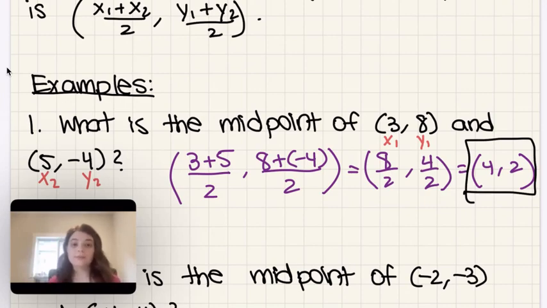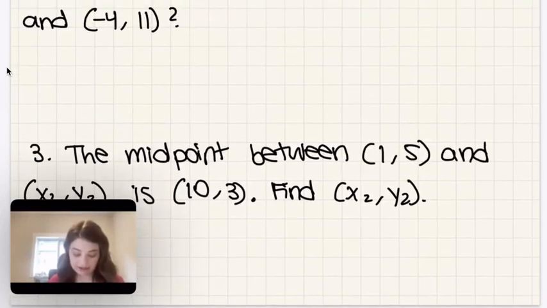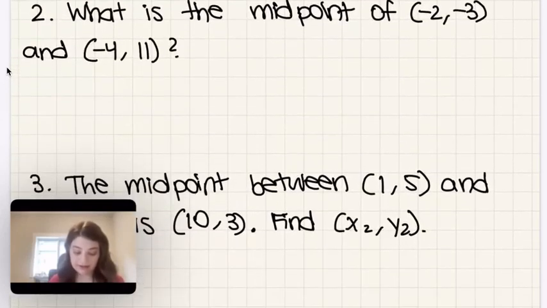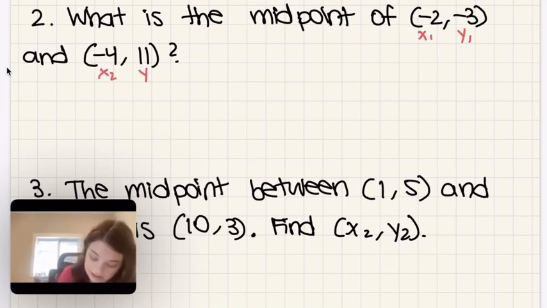Let's do one more example that's like this, and then I'm going to do a third example that's slightly different. This next example says, what is the midpoint of negative 2, negative 3, and negative 4, 11? First I'm going to label my points. I'm just going to arbitrarily choose the first one to be point 1. So this is x1 and y1, and this is x2 and y2. Now we know that in order to find the midpoint, we have to find the average.